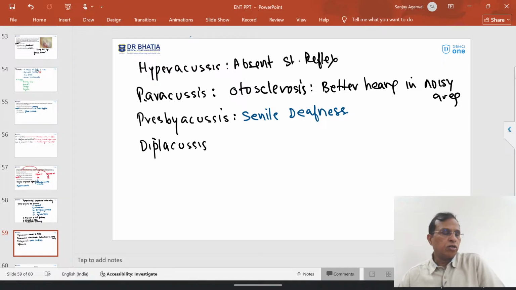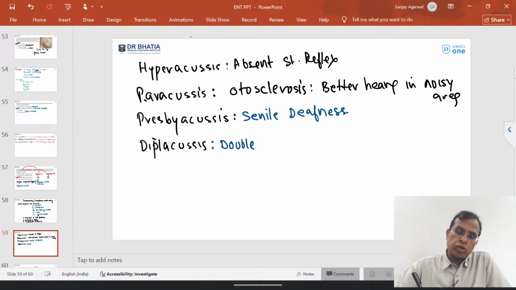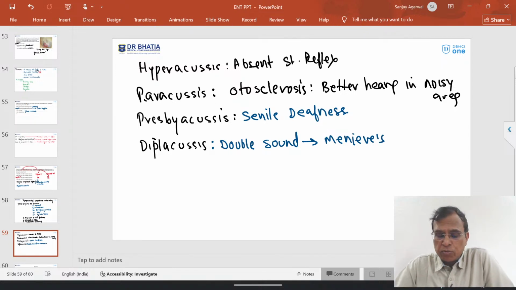That means hearing loss due to old age. जो ओल्ड एज में हियरिंग लॉस हो जाती है हमारे बुजुर्गों को, उसको प्रेस्बायाक्यूसिस बोलते हैं. एंड डिप्लाक्यूसिस, डबल साउंड, हर वर्ड पेशेंट को 2 बार सुनाई देती है. एंड दिस इज अ फीचर ऑफ मिनियर्स डिजीज. सो जब वो मिनियर्स डिजीज वाला क्वेश्चन था उसमें भी मैंने आपको ये बताया था कि मिनियर्स के फीचर्स में वन ऑफ द थिंग इज डिप्लाक्यूसिस. सो दीज आर द 4 एक्यूसिस ऑफ ENT दैट यू कैन ट्राई एंड रिमेंबर.